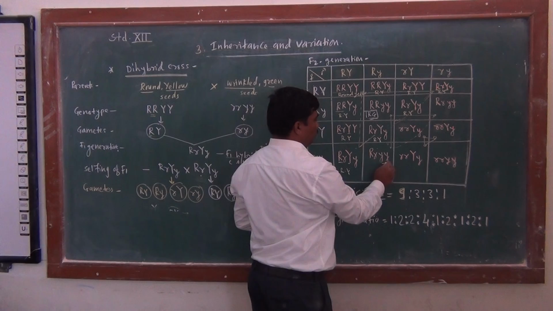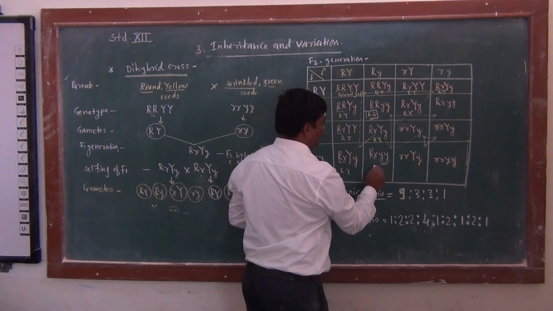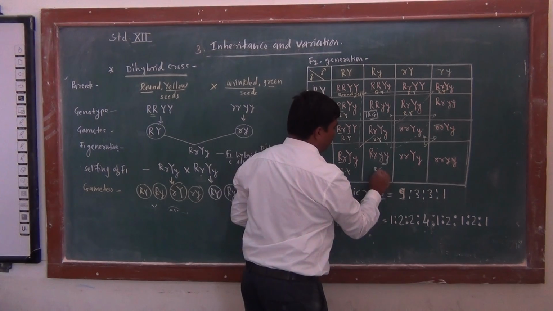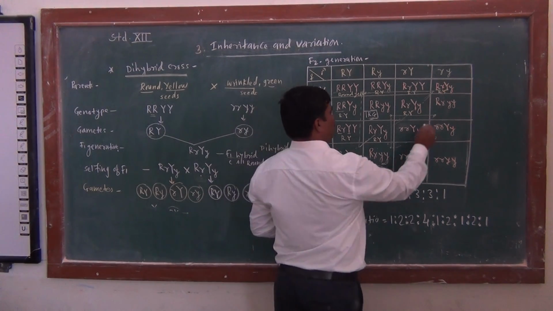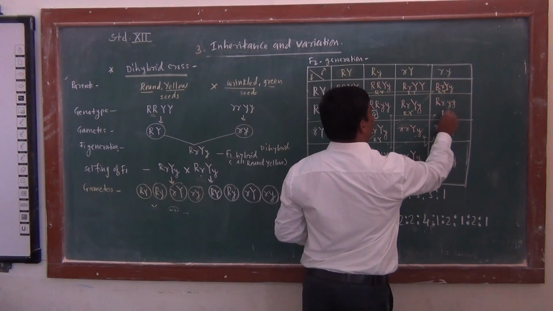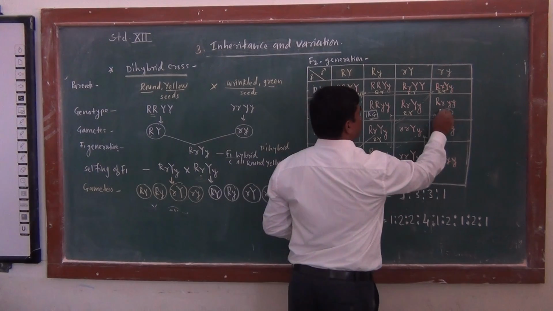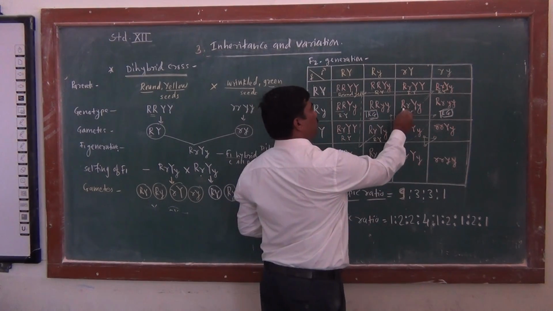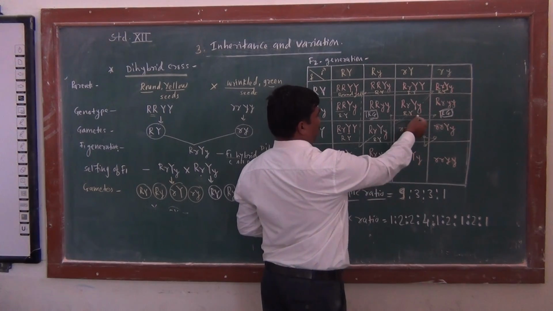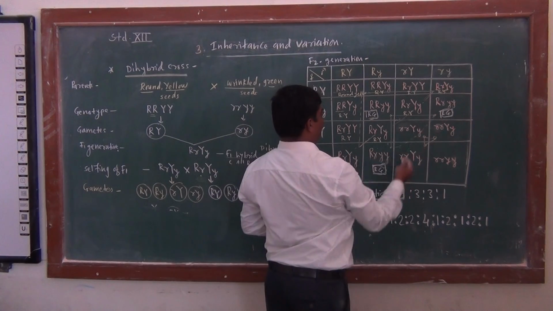Here also small y for green, capital R, small y for the round. So this is again a round green individual. So this is round green. This individual is again a round green individual. So the 3 individuals, these are the round green individuals. Here we count this, then this 3 is completed.